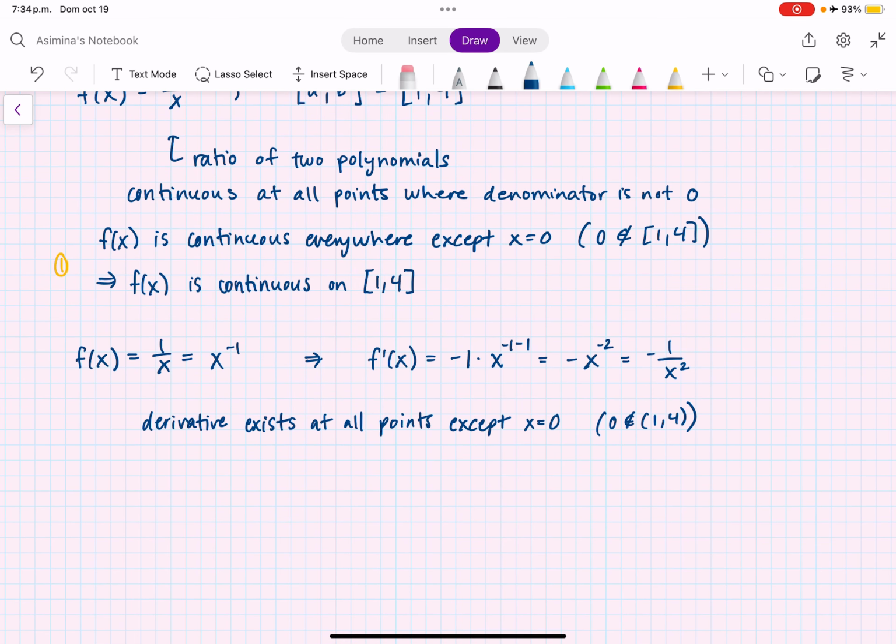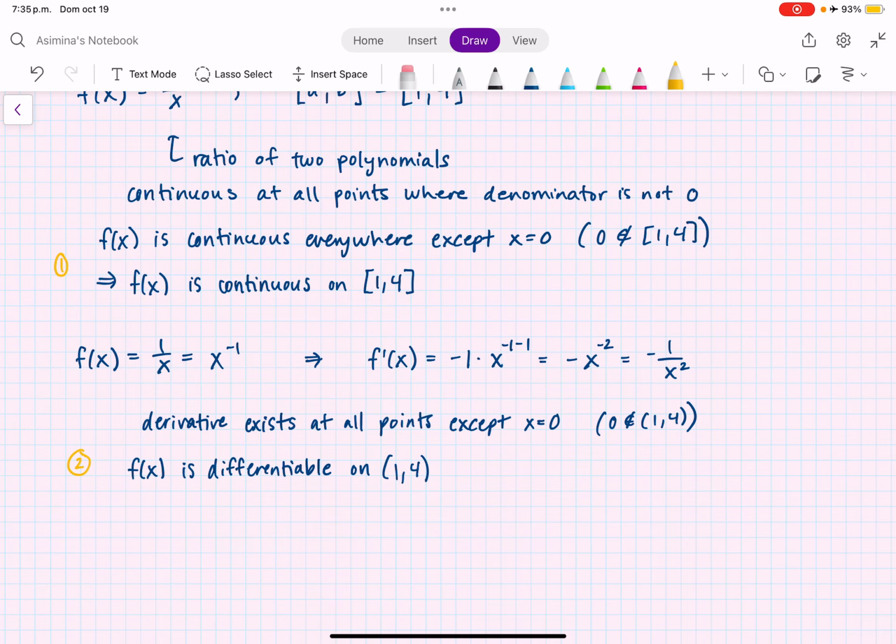This tells me f of x is differentiable on the open interval 1, 4. Great, and so this verifies the second condition of the mean value theorem.